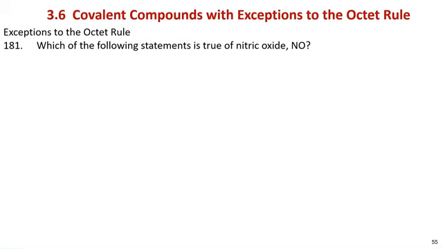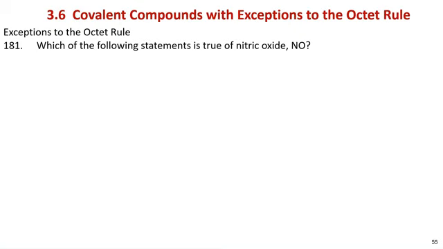NO. 5 plus 4 is 9. Nine electrons. 1, 2, 3, 4, 5. 9 is 4.5. There's one unpaired electron.